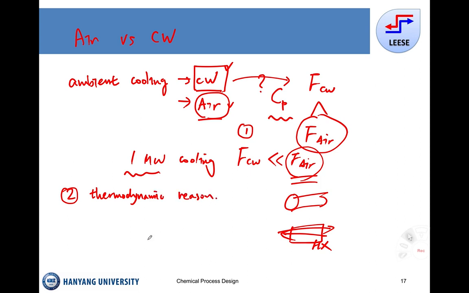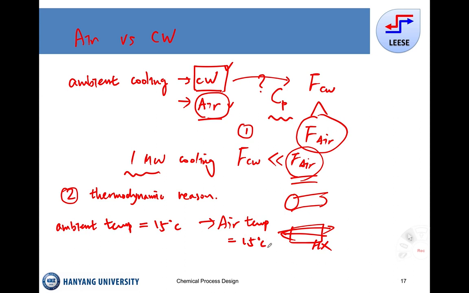Let's say the ambient temperature is 15. The ambient temperature of 15 means you can take the air temperature as 15, okay? That is basically the meaning of ambient temperature.